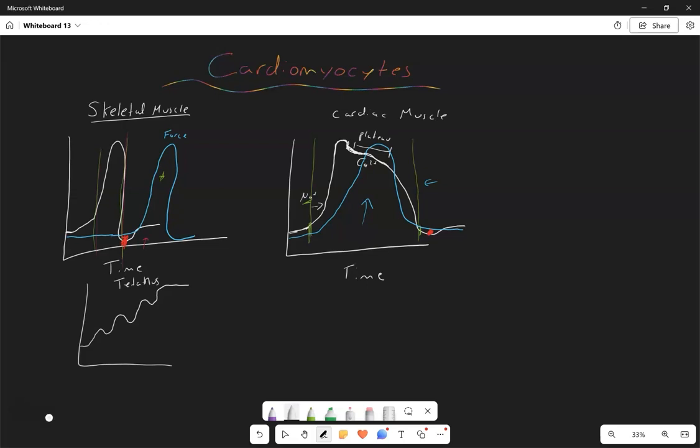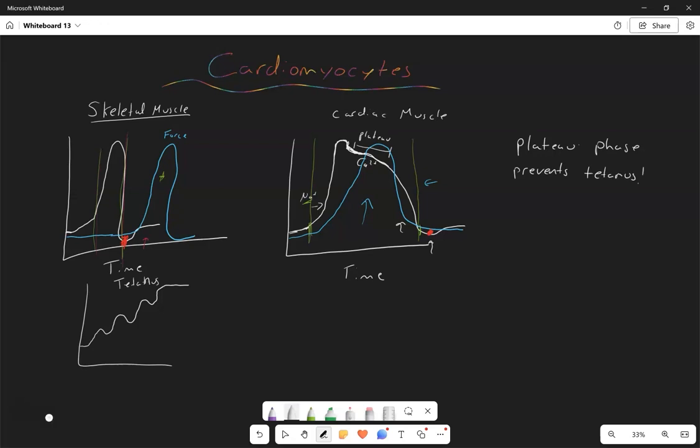Okay. Now, inside of our cardiac muscle cell, notice the muscle cell is relaxed before we have the opportunity to send another action potential. So this plateau phase in cardiomyocytes prevents tetanus, okay, which is good.